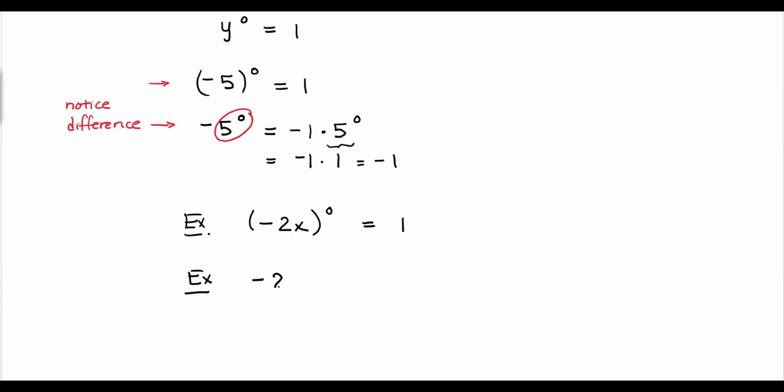I only have negative 2x to the 0 power like this. Now, who does that exponent belong to, right? That exponent only belongs to the x, right? So that's the same as negative 2, and then x to the 0 is just 1. Negative 2 times 1 gives me negative 2.